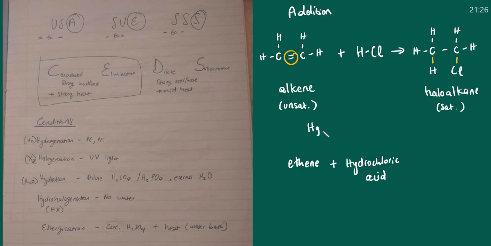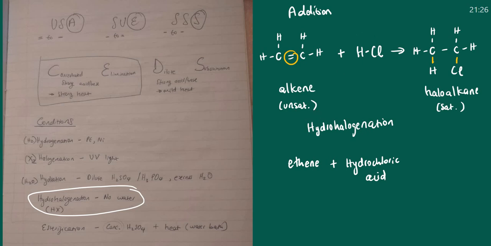You say you added a hydrogen and a halogen, so you're going to call it a hydrohalogen. The hydro standing for what? For hydrogen, and then the halogen. Hydrohalogen. Then just put "ation" to say this is the type of addition reaction. It's called a hydrohalogenation. So it is this one here, right?